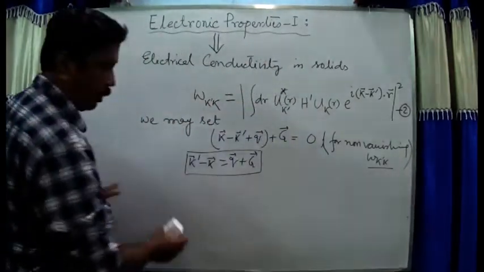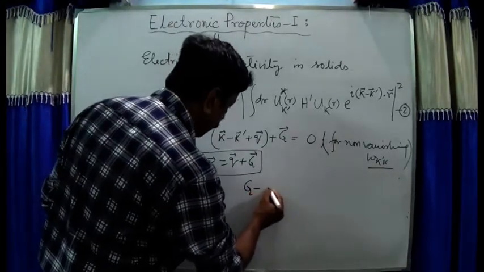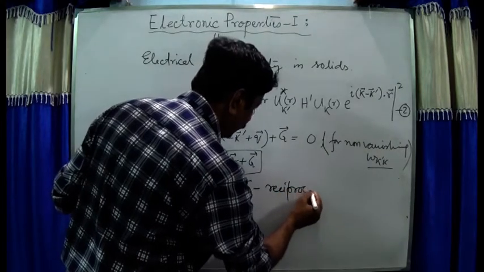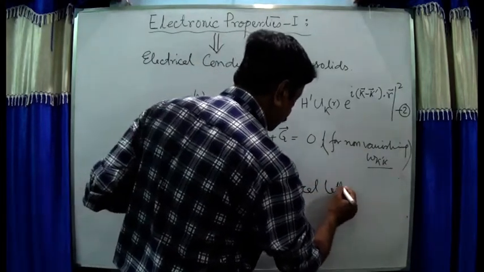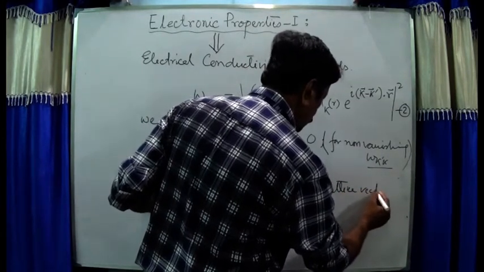The G is called the reciprocal lattice vector.